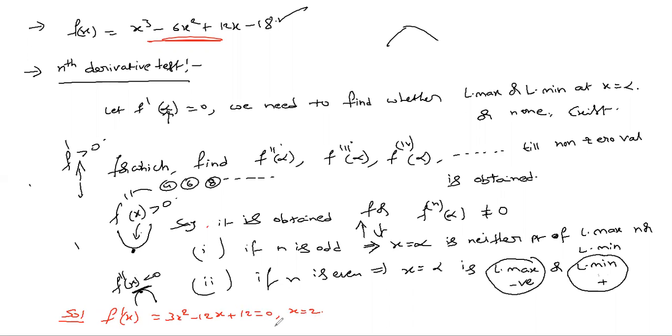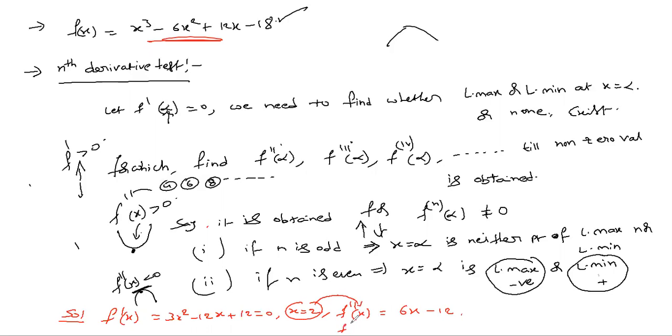So f dash of 2 becomes 0. Now let us identify f double dash of x, which is clearly 6x minus 12. At x equal to 2, it becomes 0 again.